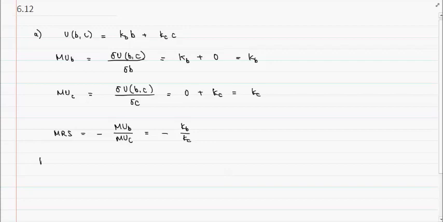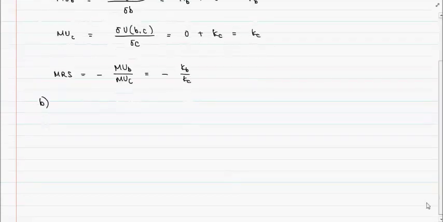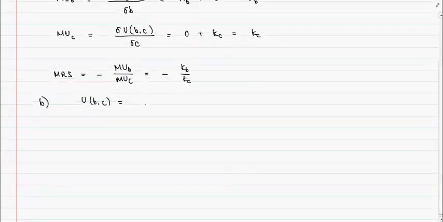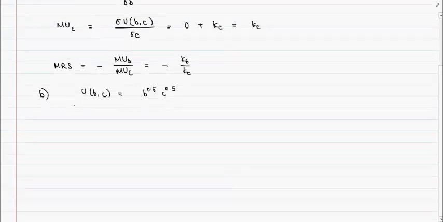Now part B, you are given a utility function equal to b to the power half and c to the power half. Again we find the marginal utility of b, which is the differential of the utility function with respect to b.